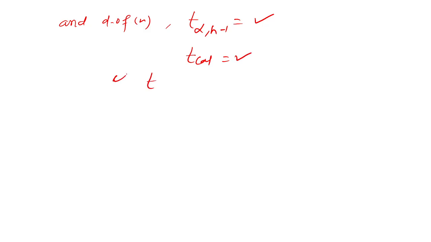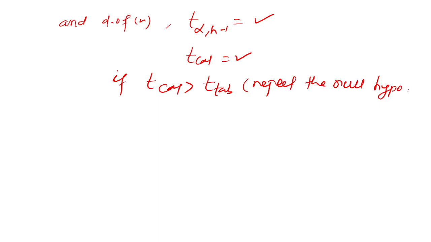So if t calculated is greater than t tabulated, we are going to reject the null hypothesis. Okay.